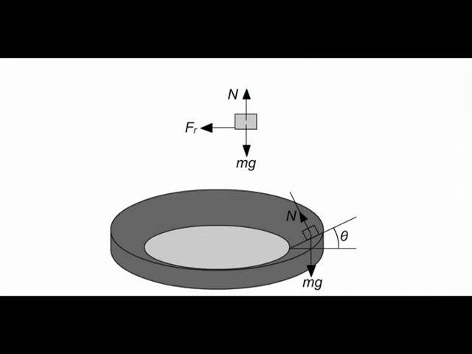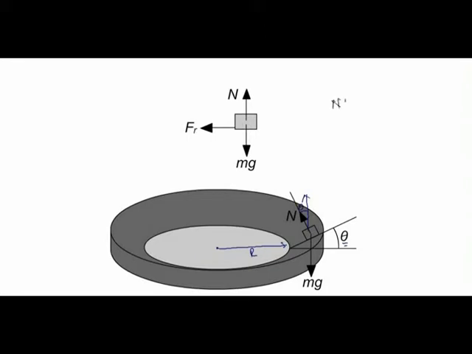So suppose there is an object which is moving around a circular track of radius r, and the circular track is banked at an angle theta. So here what will happen is the vertical component of the reaction force N will balance the weight.